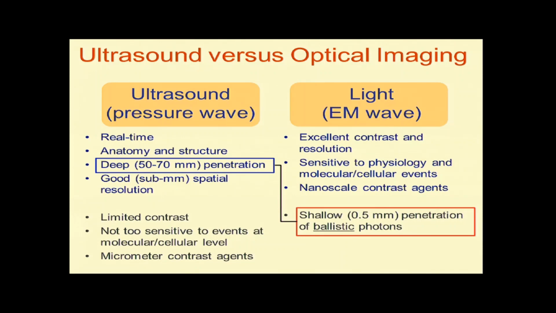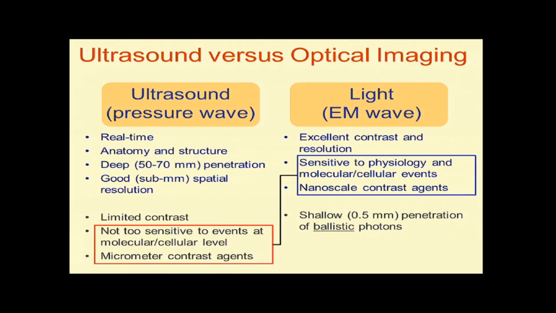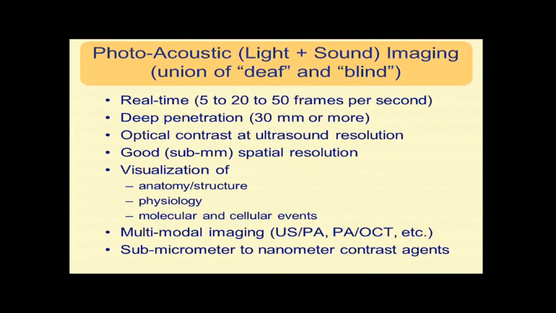Right? Penetration depth is very fantastic here, and it's very small here in terms of ballistic photons. If you look at sort of sensitivity to events that, especially at this conference, might be of interest, light does great job and ultrasound kind of suffers. And that brings me to a very simple point that I can actually combine light and sound and eliminate all the cons, leaving all the pros on the table.